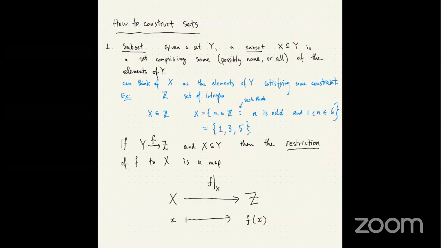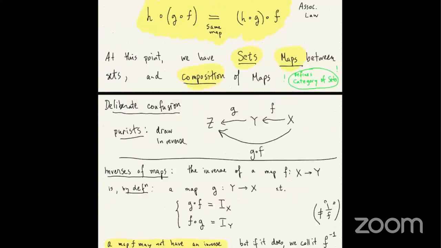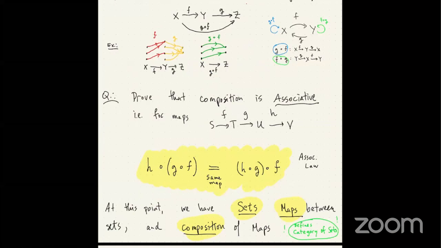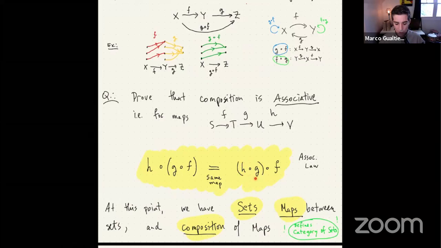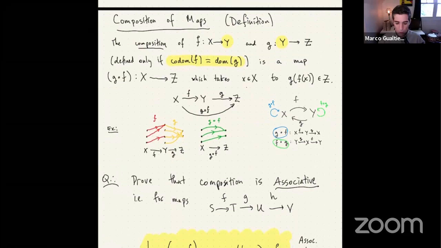I'm also wondering about the composition of functions. When we write h of f of h of g of f, what's the domain of h of g? Is it a subset of something? You're asking what the domain of this is? Yes. Okay, so if you look at the definition of composition, when f goes from X to Y and g goes from Y to Z, then the composition goes from X to Z, because you do f first and then g.